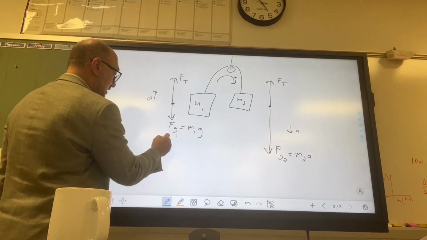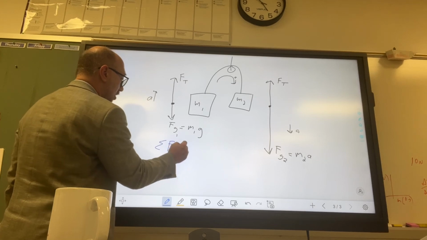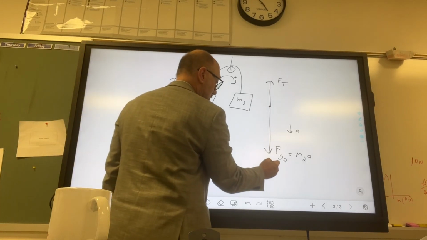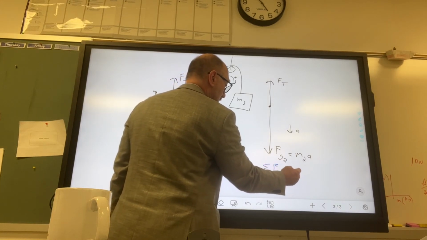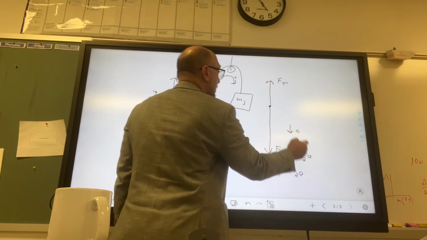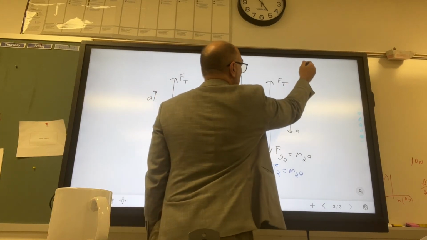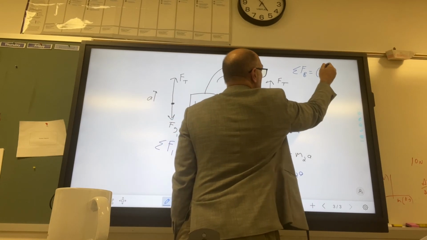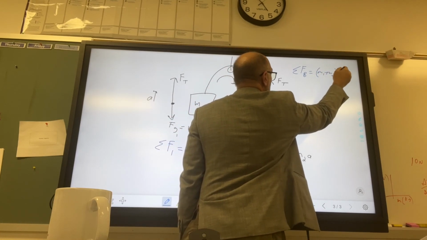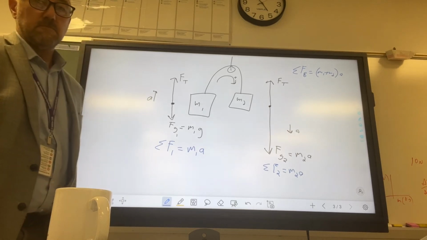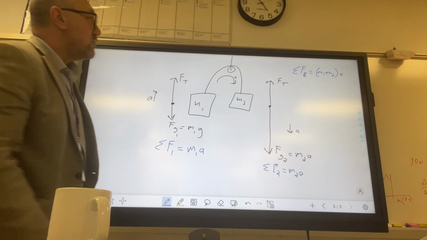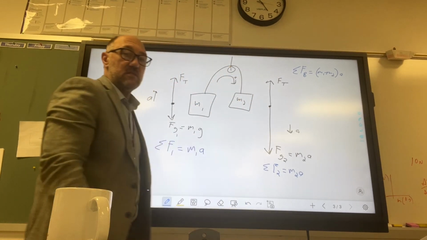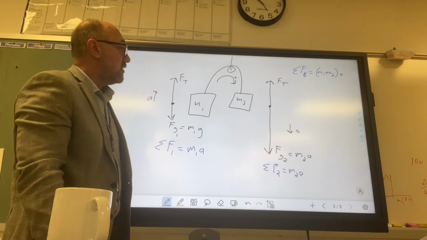This would be sum of the forces on 1 equals m1a. This guy here would be sum of the forces on 2 equals m2a. And for both, I'll write it over here, sum of the forces on both is (m1 plus m2)a. When I do sum of the forces on both, I'm going to pretend that these masses are one complete system as they move together.